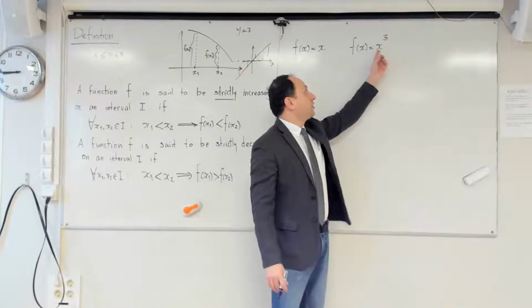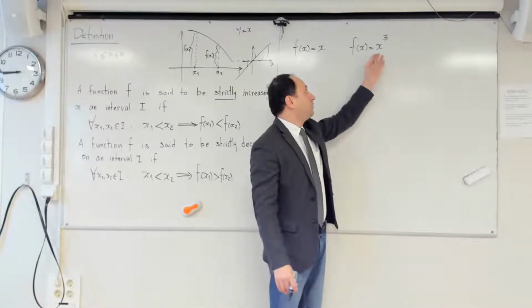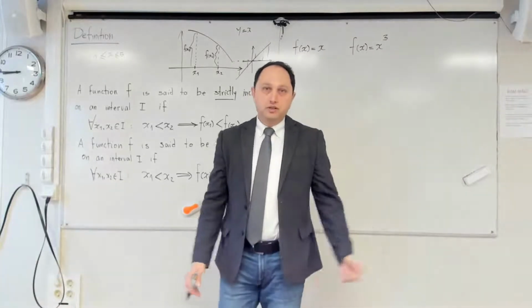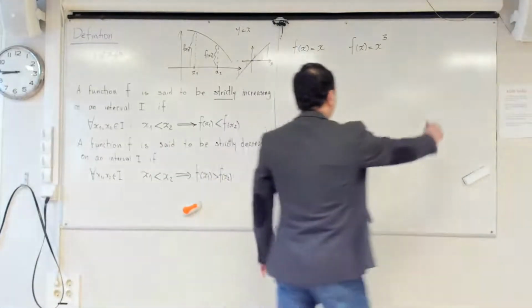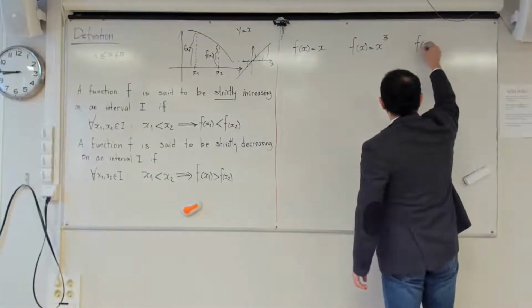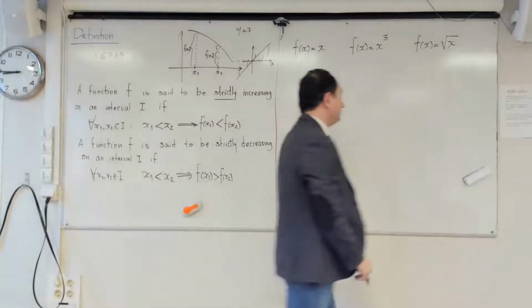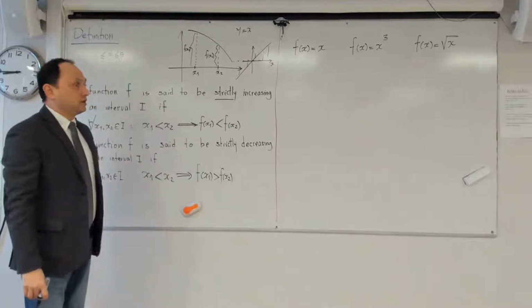Because if I start increasing the value of x, the value of x to the 3 also increases. So this is an increasing function. But for example, what do you think about this? f of x is equal to square root of x. This function also is increasing, yes.